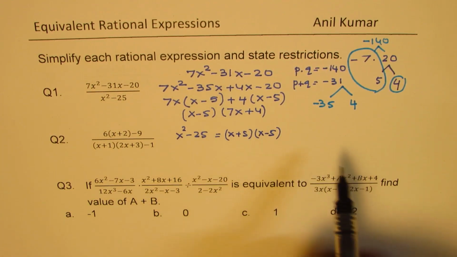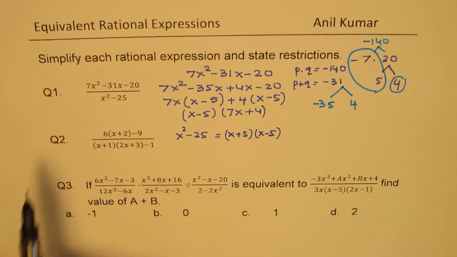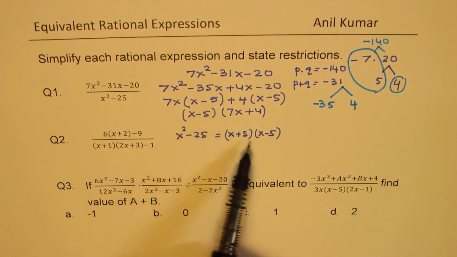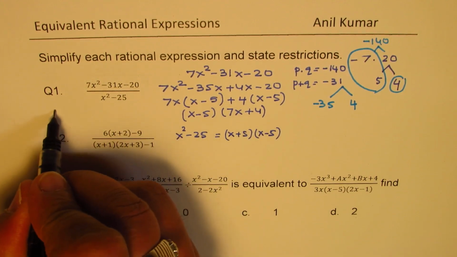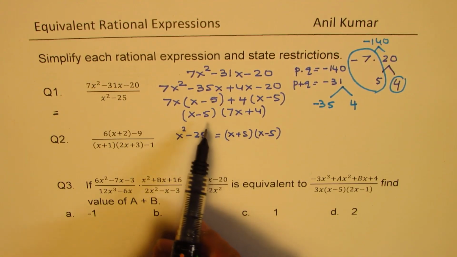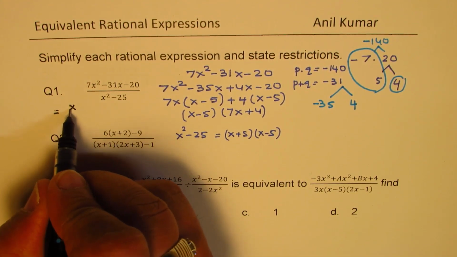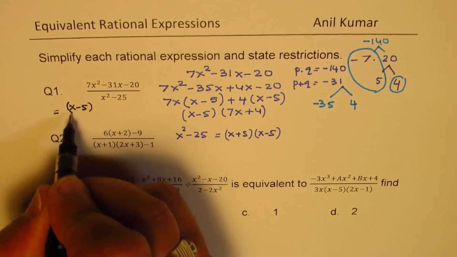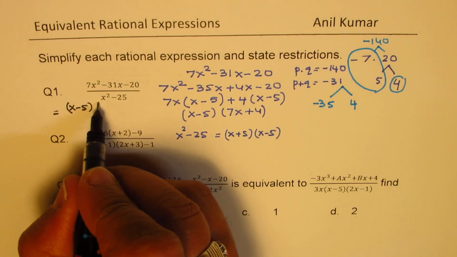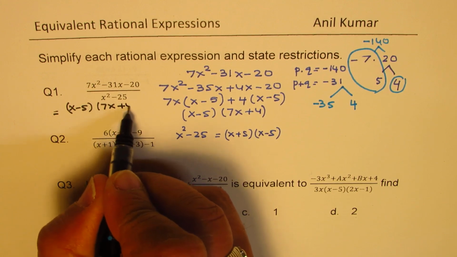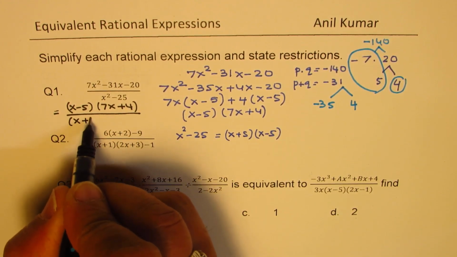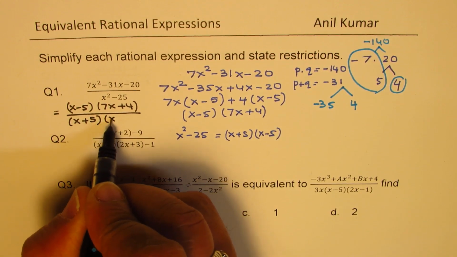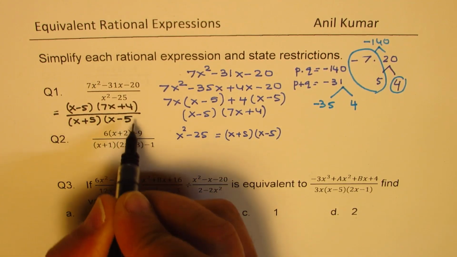Now once we factor, then we can write the whole expression as ratio of these two, right? So we could write this as equal to, let me complete it here itself, numerator will be x minus 5 times 7x plus 4 divided by x plus 5 times x minus 5, correct?